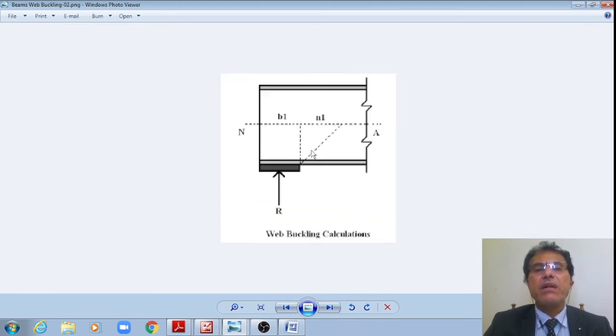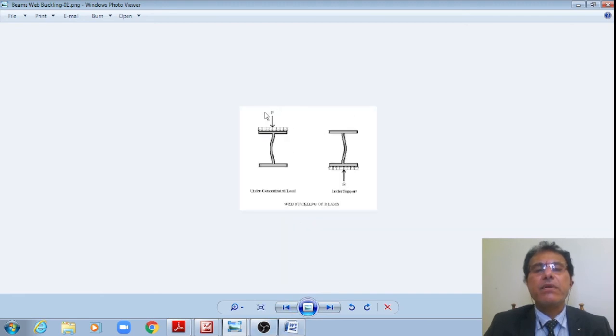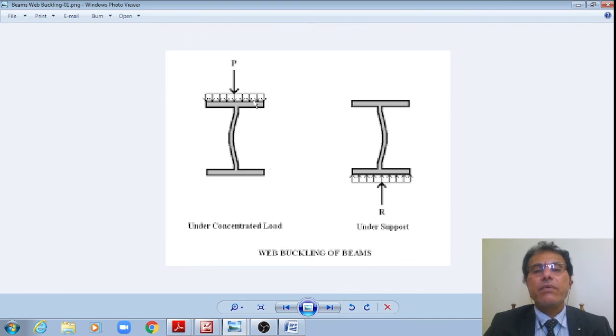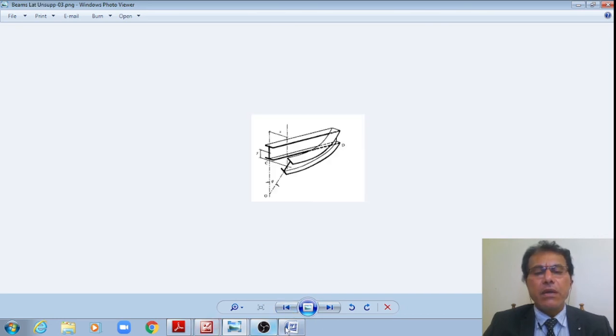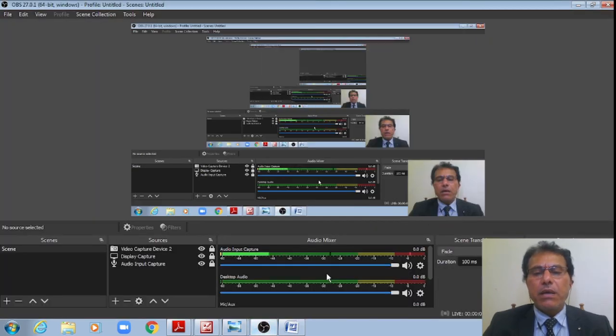This is the web buckling at the concentrated load and at the support reaction. I think we have covered almost all the topics.